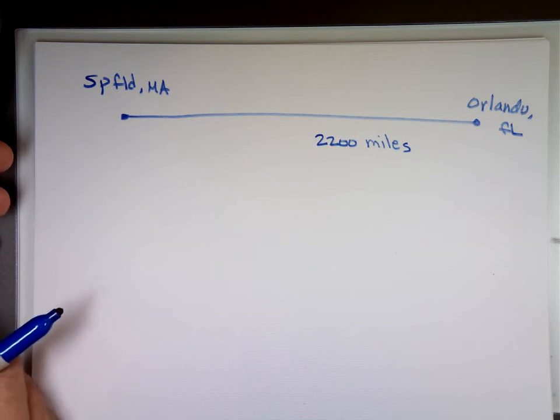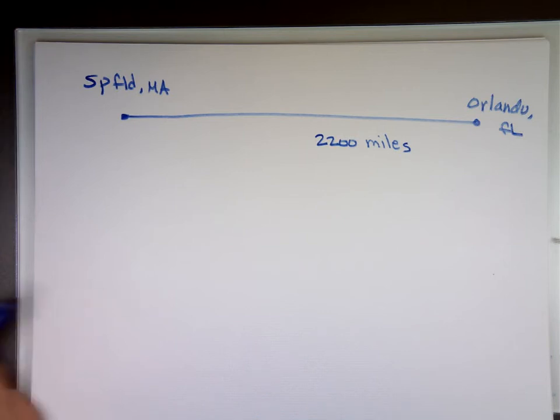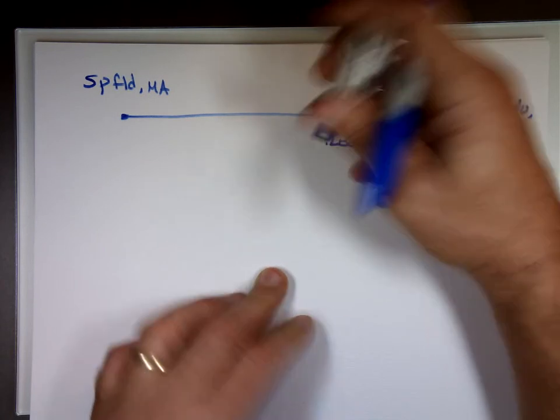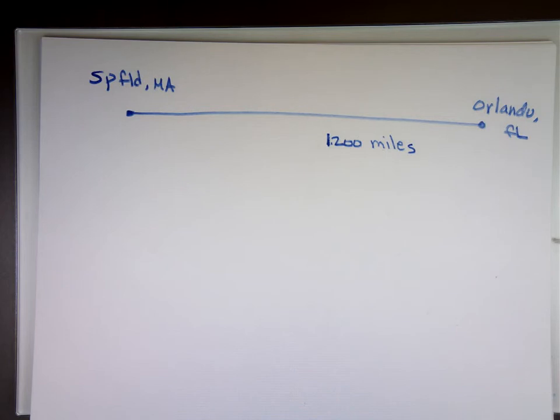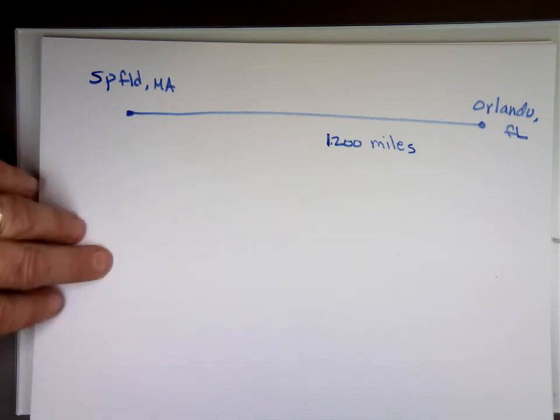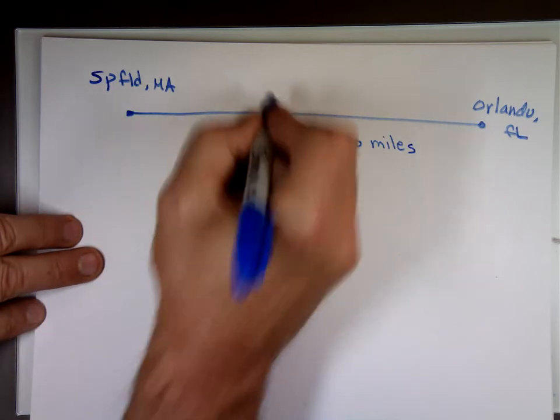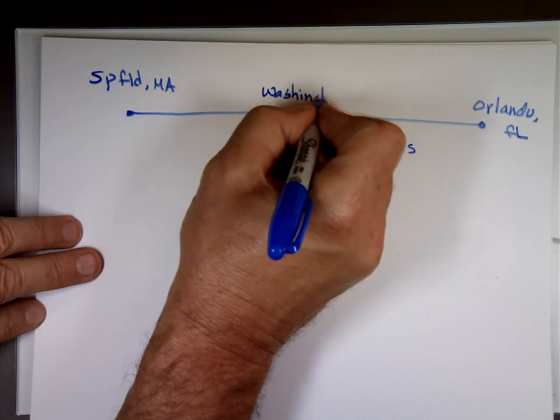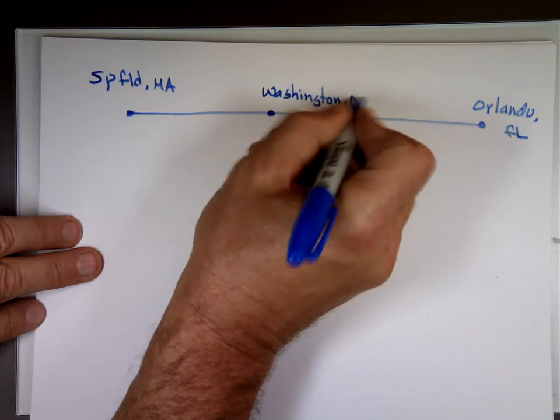Yeah, about 1,200 miles, not 22. Uh-oh. Thank you. Let's say 1,200 miles. Now, on the first day, you drove to Washington, D.C., which is about 400 miles.